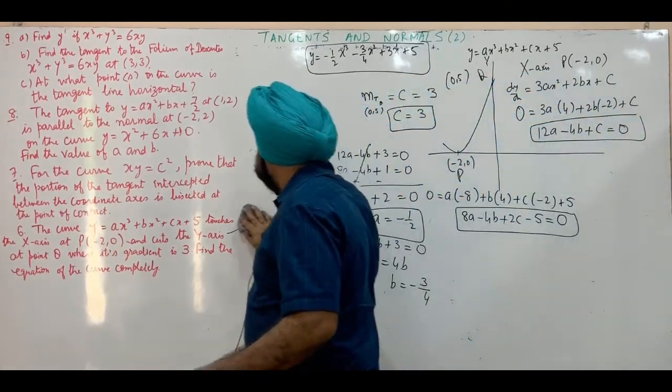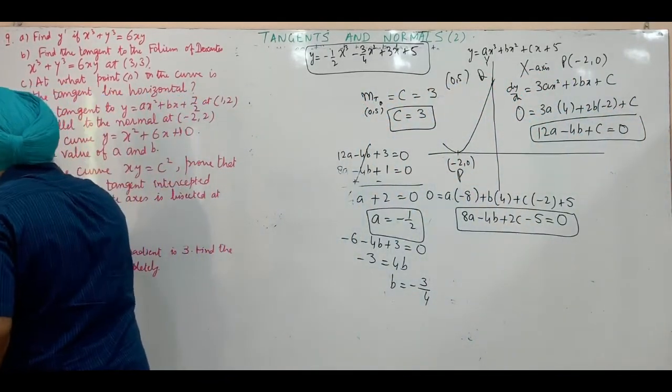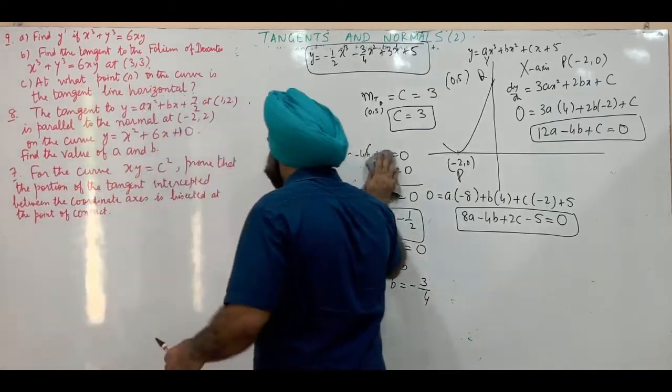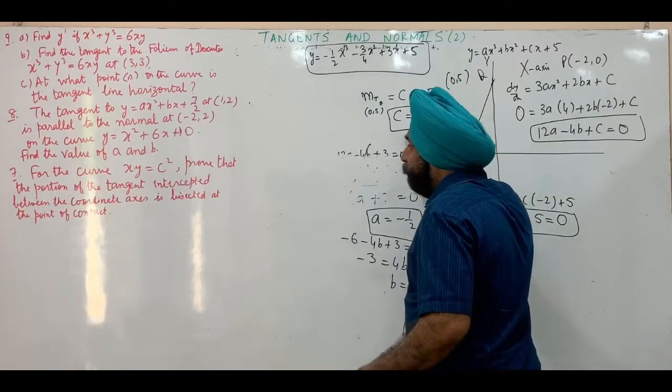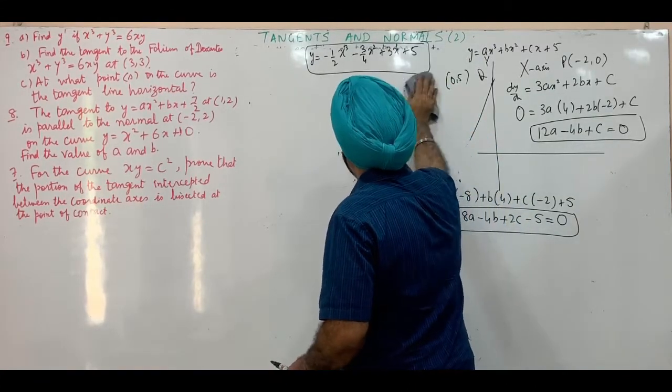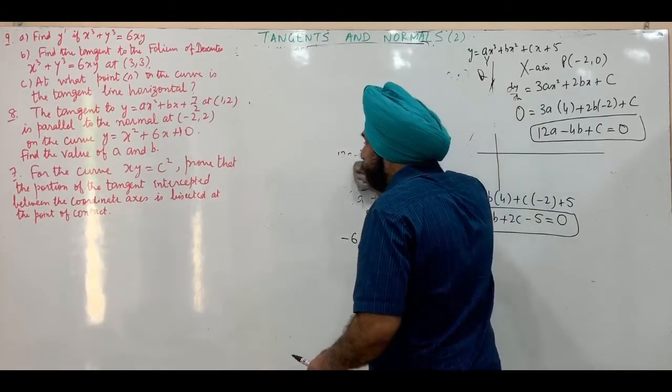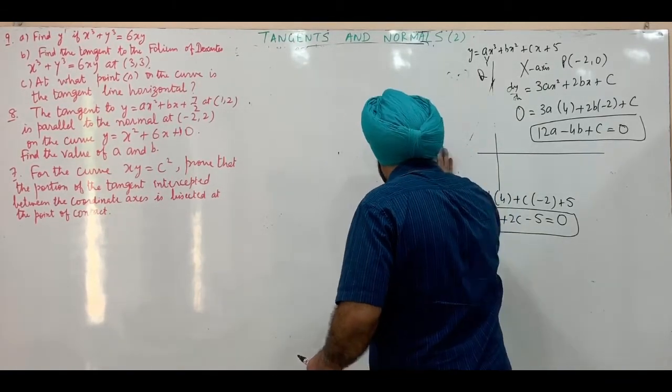The next one: we are given x into y is equal to c square. This is a hyperbola, and we have to prove that the portion of the tangent intercepted between the coordinate axes is bisected at the point of contact.